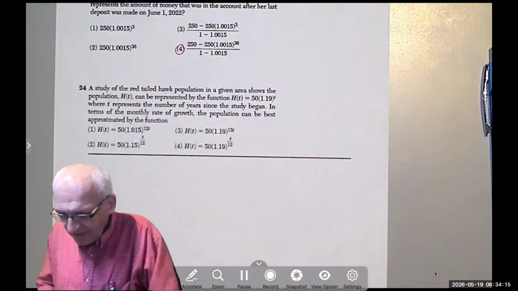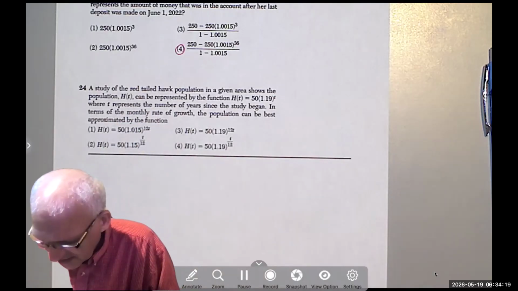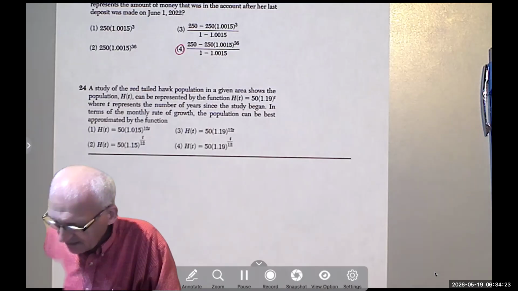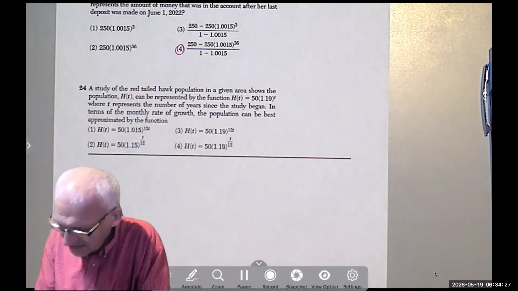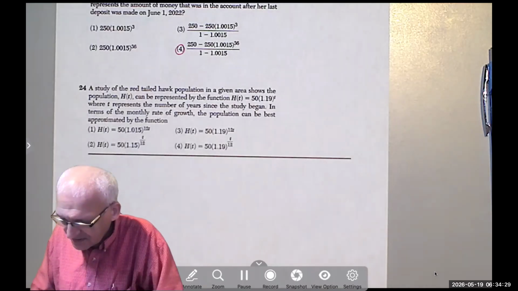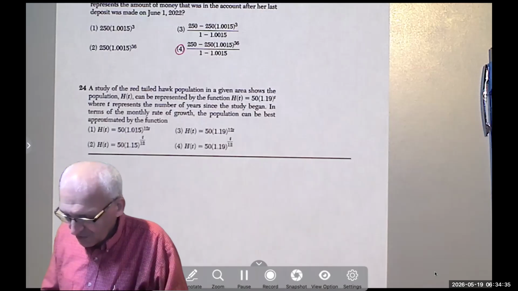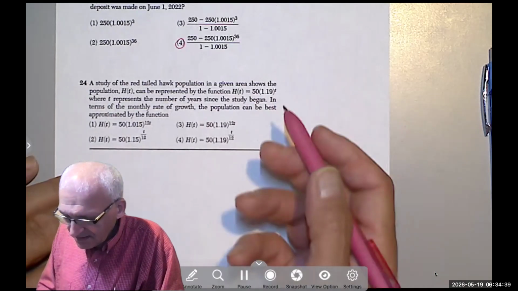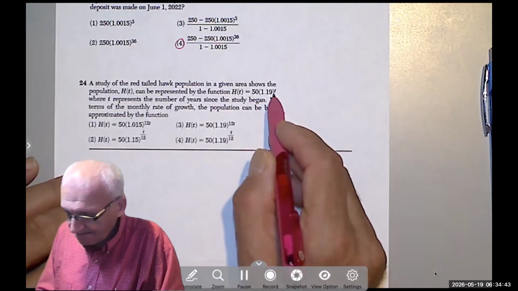A study of the red-tailed hawk population in a given area shows the population h of t can be represented by the function h of t equals 50 times 1.19 to the t, where t represents the number of years since the study began. In terms of the monthly rate of growth, basically you divide the rate by 12, right?